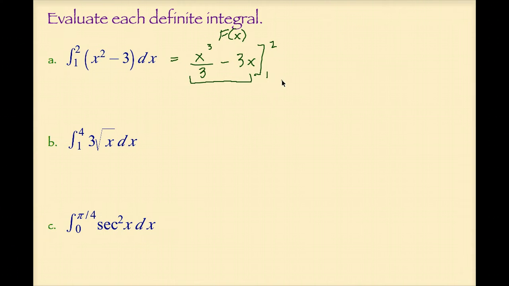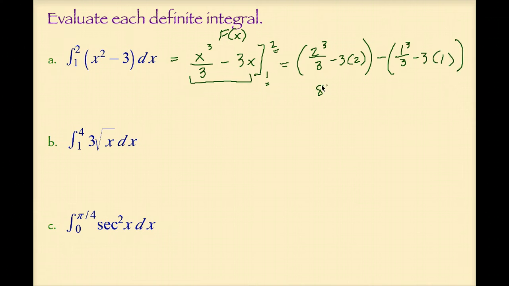And to evaluate this definite integral, we first plug 2 into the antiderivative, and then we plug 1 into the antiderivative and subtract those two values. So this is going to be 2 cubed over 3 minus 3 times 2, minus 1 cubed over 3 minus 3 times 1.